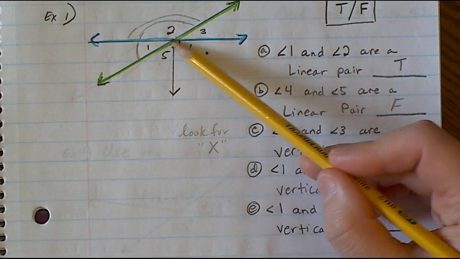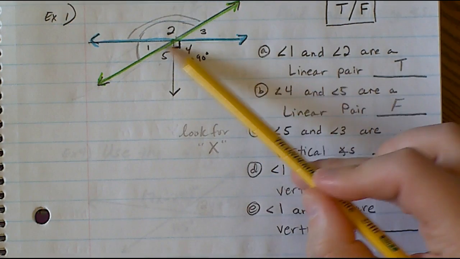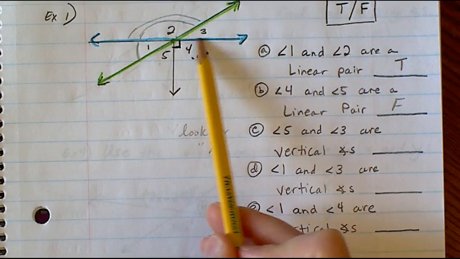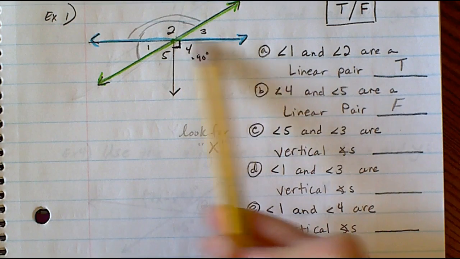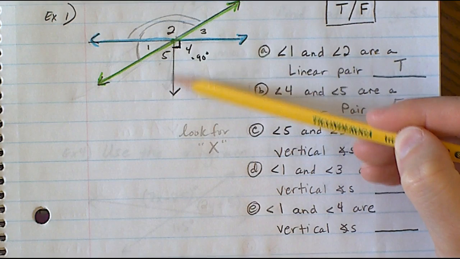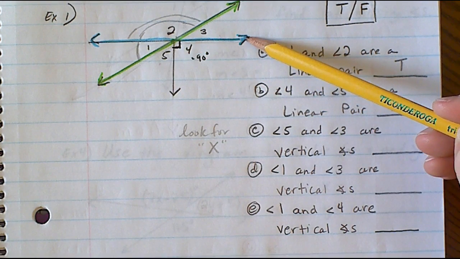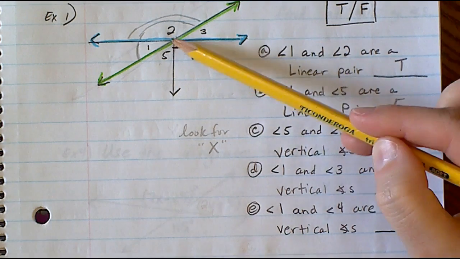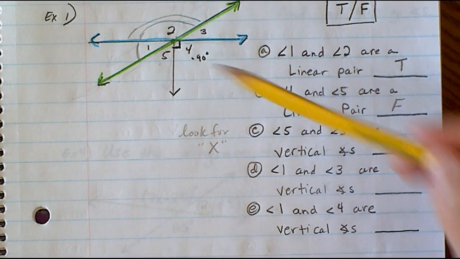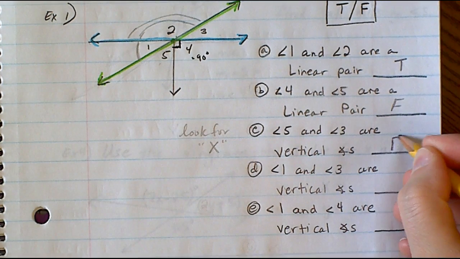So angle 5 and angle 3 have one pair of opposite rays, but angle 3 is created by this side, which I've highlighted in blue. Angle 5 is created by this side, which is not an opposite ray with this ray. So even though it has one set of opposite rays, they're not both pairs of opposite rays. So angle 5 and angle 3 are not vertical angles.